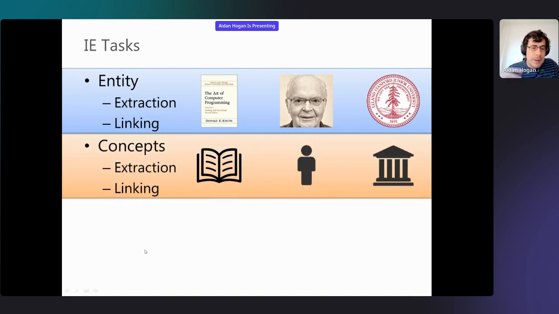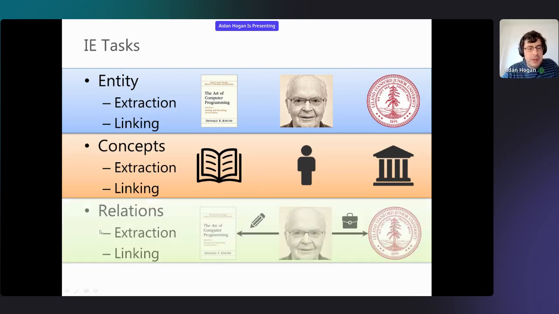Concepts, so more abstract ideas, not specific entities, but rather more abstract concepts, classes, whatever it might be, such as books, person, university. Again, extraction and linking with knowledge graphs. And relations, where we want to find binary or possibly n-ary relations between specific entities. For example, Donald Knuth here wrote Art of Computer Programming, and he worked in Stanford University.